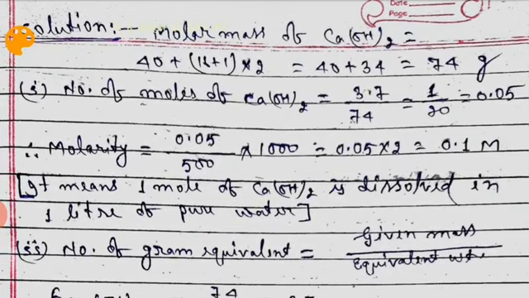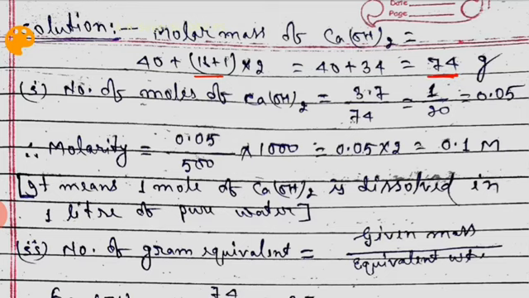Molar mass of calcium hydroxide is equal to 40 plus 16 plus 1, 16 oxygen and 1 hydrogen, into 2, because it is here OH whole 2. So total mass will be 40 plus 34, which is 74 gram.